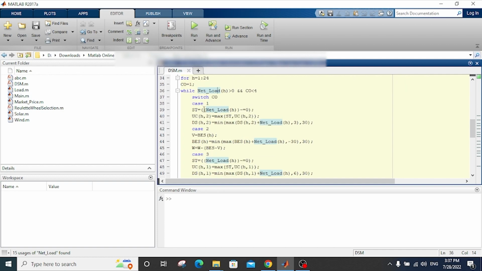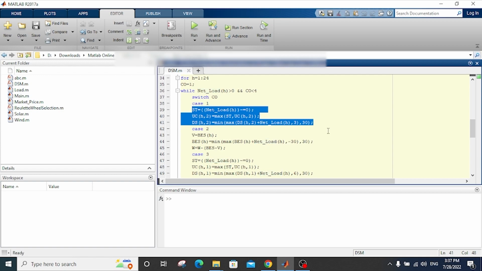The first thing is case 1. If the net load is positive and the counter is less than 4, the counter now is 1, so case 1 is to operate the micro turbine. Case 2 is to operate the battery storage.